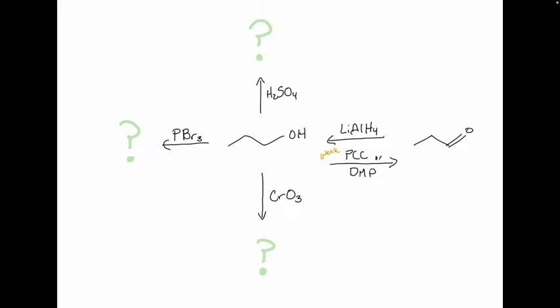Anyways, if we hit it with one of the strong ones, what's gonna happen? What am I gonna get functional group wise? Carboxylic acid. Notice that I have the same number of carbons.